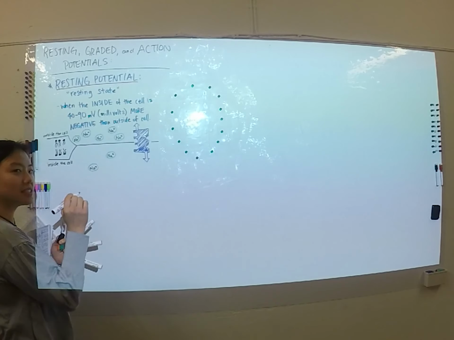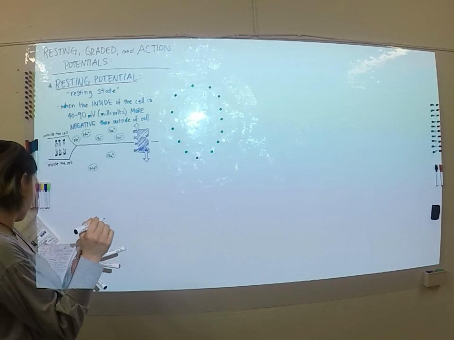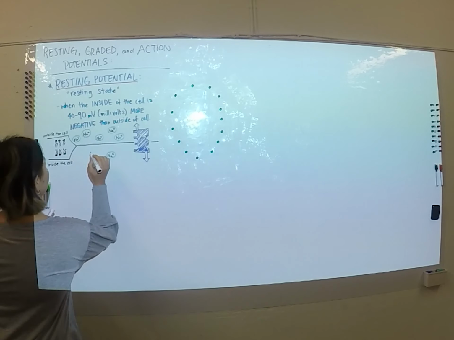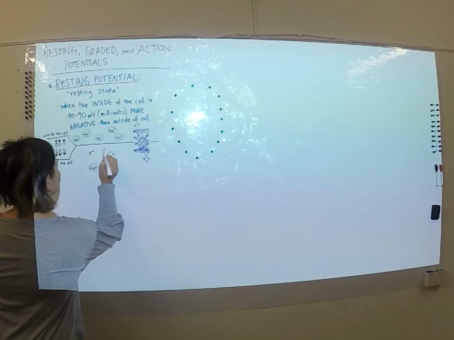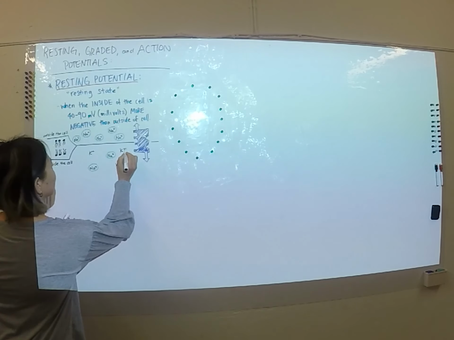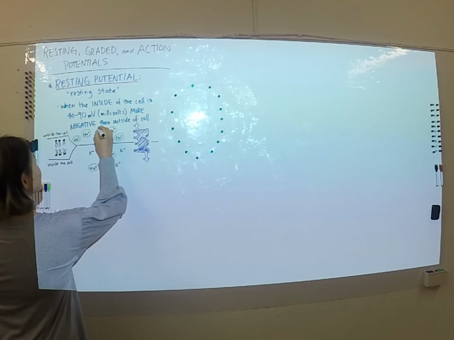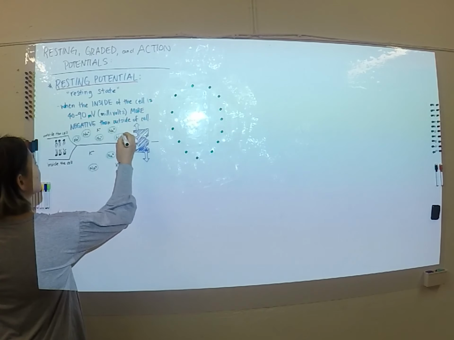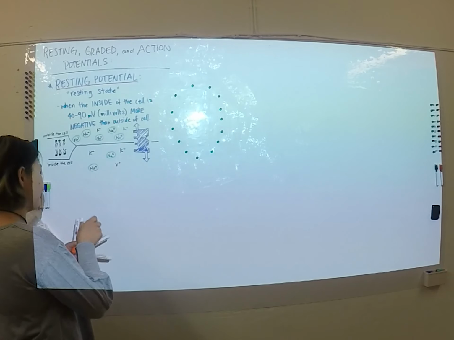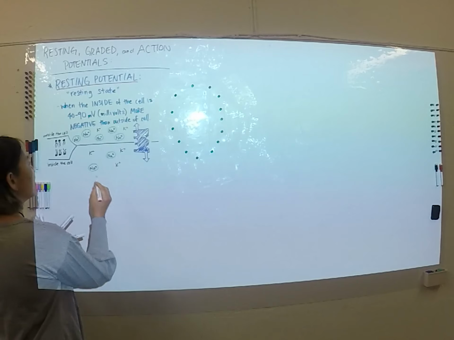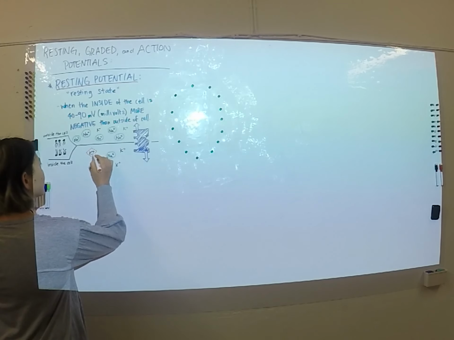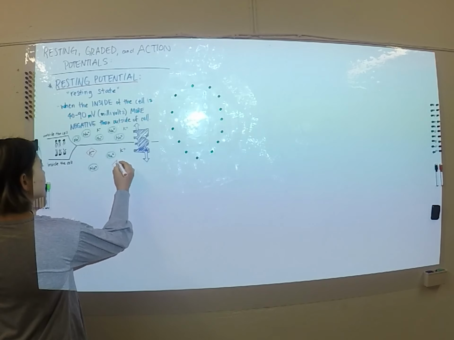So potassium symbol is a K. And potassium is also positively charged. So the inside of the cell and the outside of the cell has some of these potassium ions. And I'm going to give them this diamond symbol.